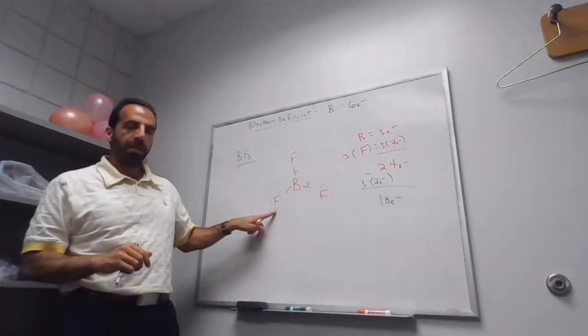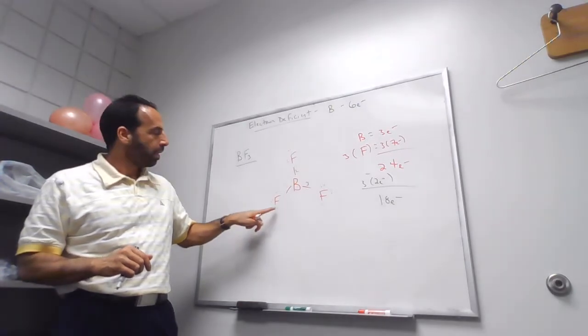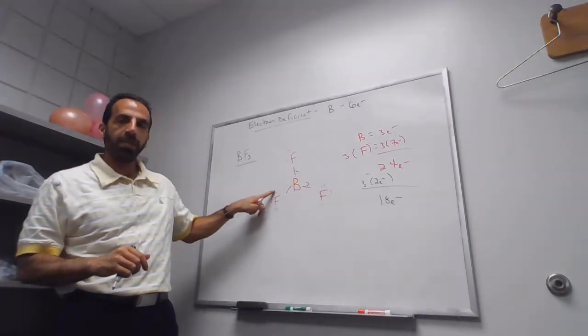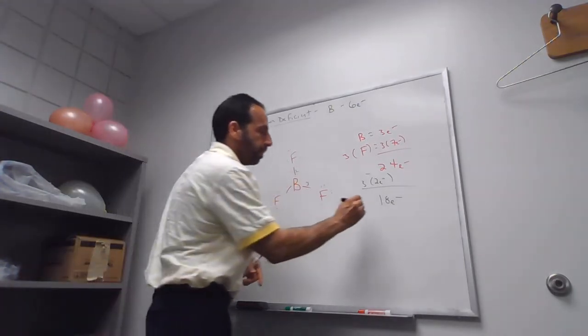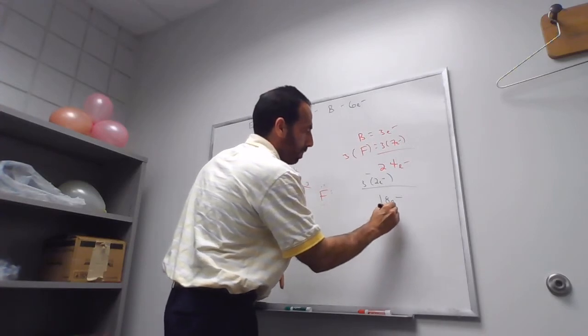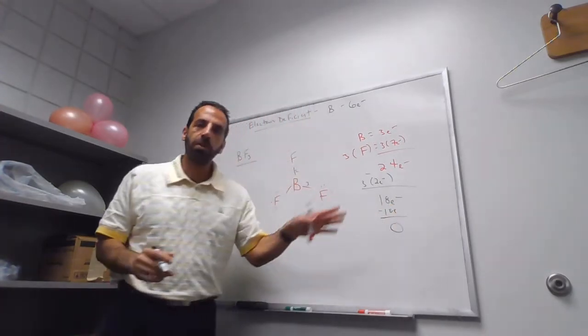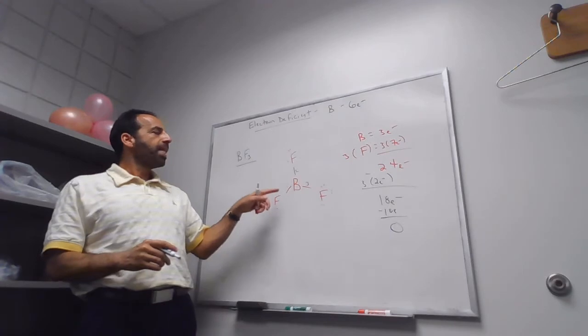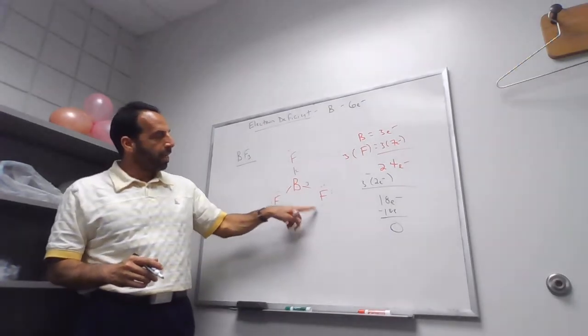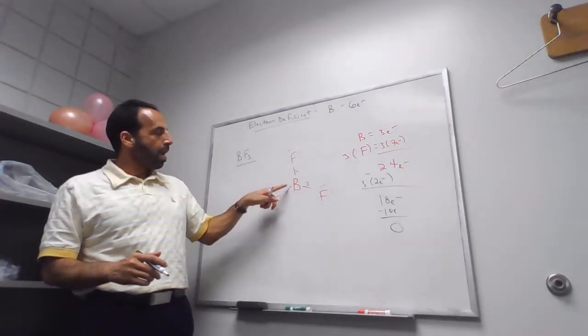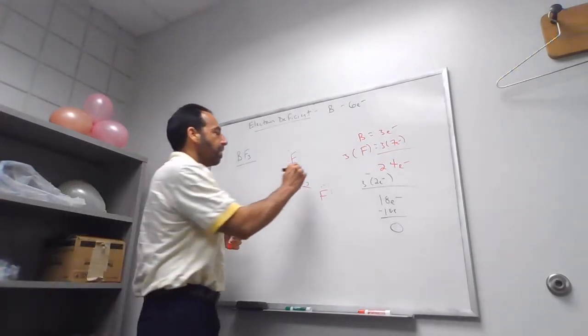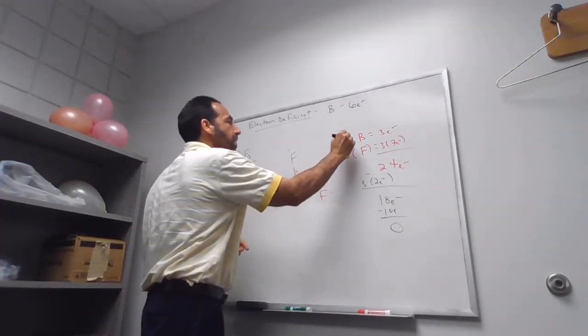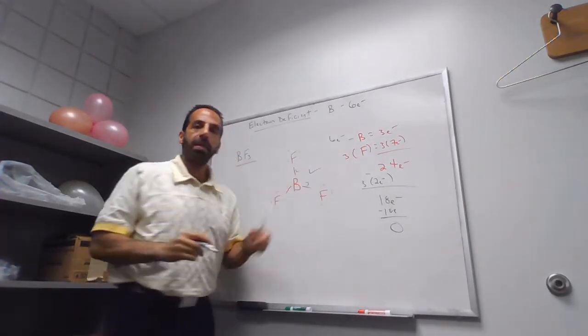And then I count the non-bond pairs of electrons around each fluorine: 1, 2, 3, 4, there's 6. So 6, 12, 18. So I've used up all my electrons. I don't need any around the central atom. Now fluorine has 8 electrons, and boron has 3 bonds that has 6 electrons. Boron only needs 6 electrons, and then we're set.